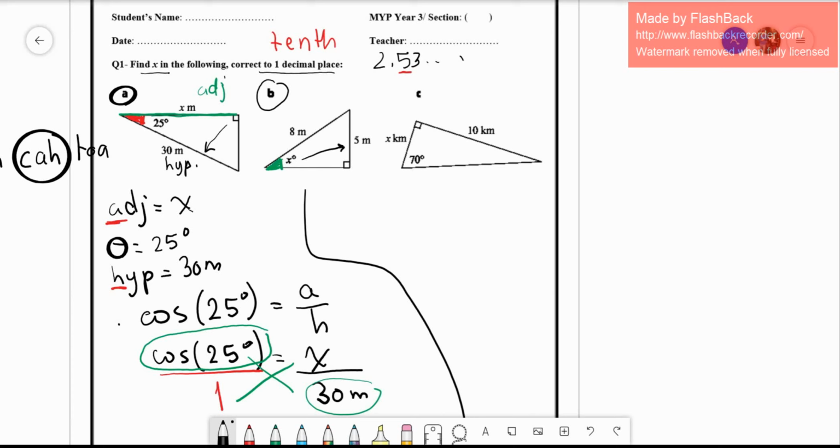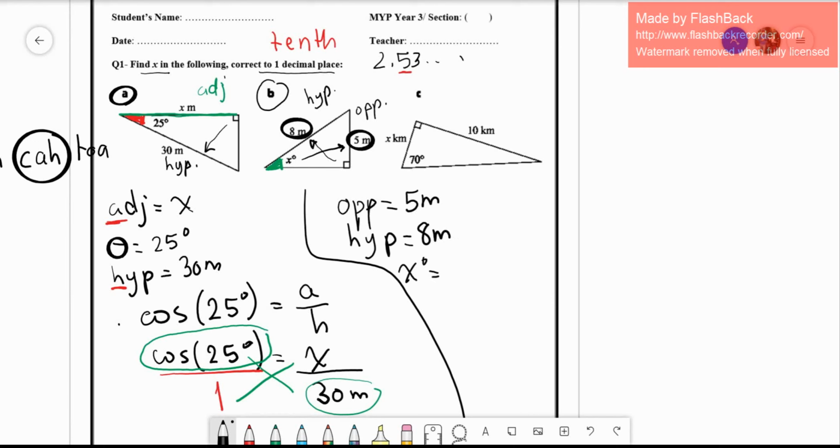What is this? This is the opposite side. And they gave us 8. What is 8? 8 is opposite to the 90 degree, therefore it's the hypotenuse. So therefore I have the opposite side, which is 5 meters, and I have the hypotenuse, which is 8 meters. And I need to find the angle now.